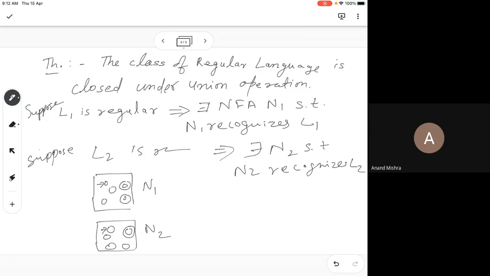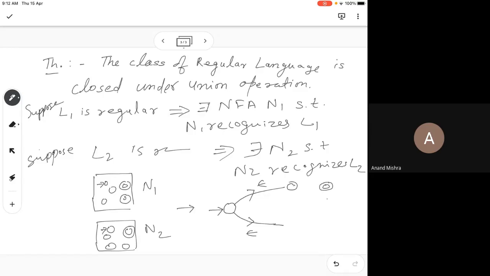How do we construct it? Very simply, I can add one start state, and from this start state, I will add two null transitions. This null transition will go to the start state of N1.